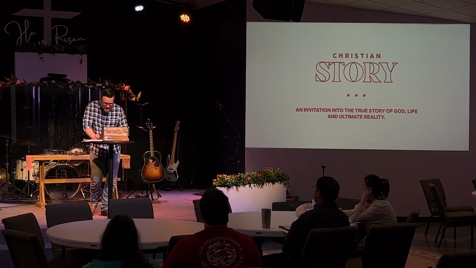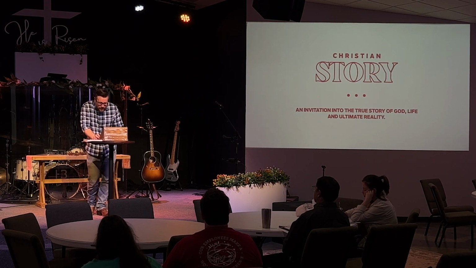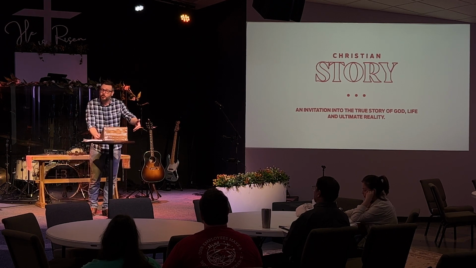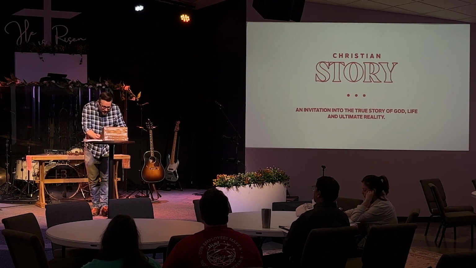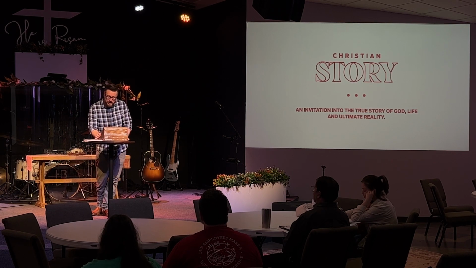So Isaiah 9 says, "For to us a child is born, to us a son is given. The government will be on his shoulders, and he will be called Wonderful Counselor, Mighty God, Everlasting Father, Prince of Peace. Of the greatness of his government and the peace there will be no end. He will reign on David's throne over his kingdom, upholding it with justice and righteousness from that time on and forever. The zeal of the Lord will accomplish this."